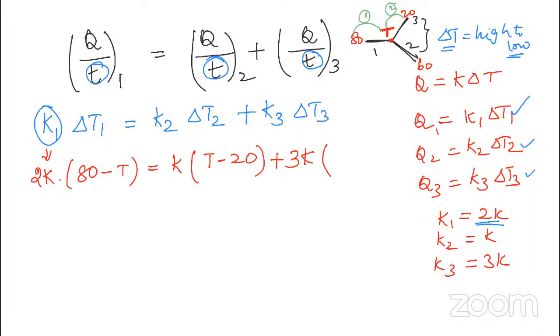And for the third one, it is T and 60 degrees. Which one is larger? Here 60. So we have to take 60 as the first term minus T.